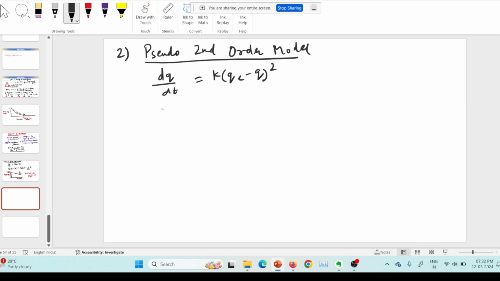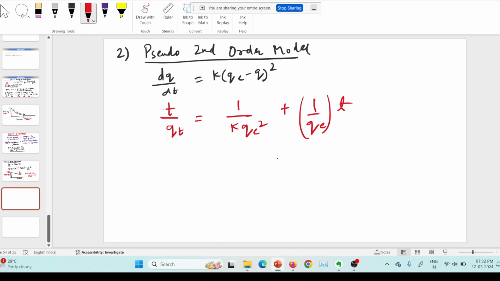If you solve it, you get the equation t divided by qt equals 1 by k qe square plus 1 by qe into t, and we'll plot the graph between t by qt versus time.